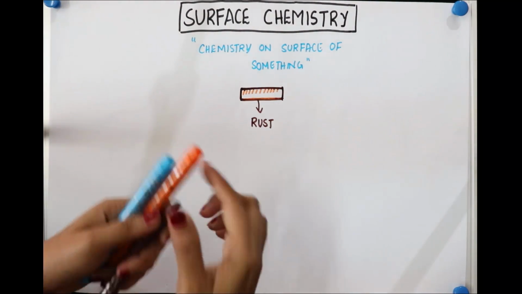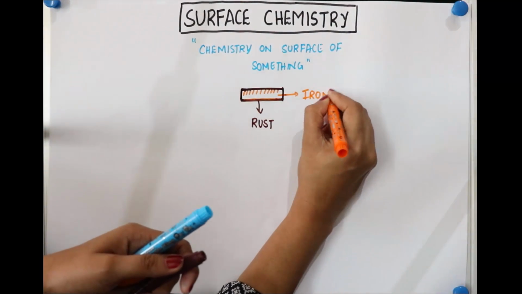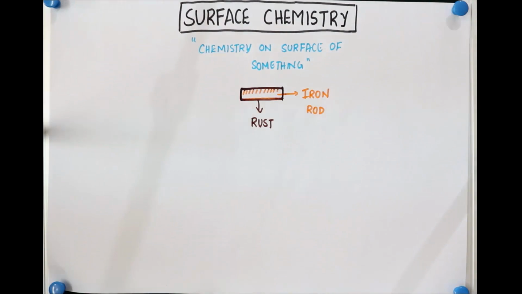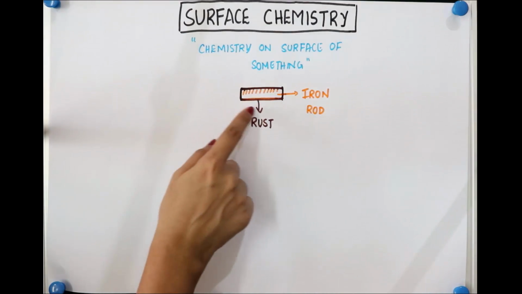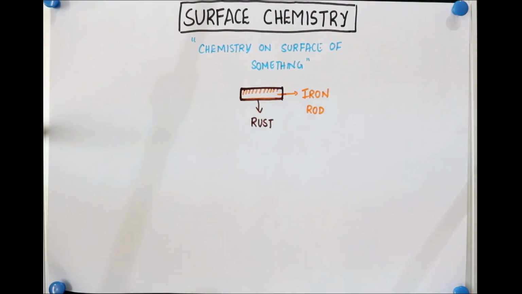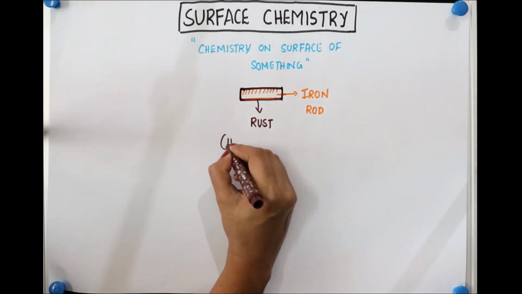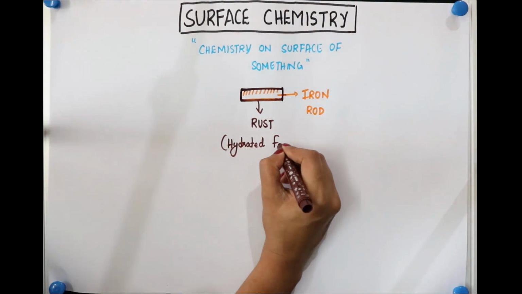And you're saying that is a surface phenomenon, right? Yes. This is surface chemistry because the reaction has taken place only on the surface and not inside the substance. Now this rust, in chemical terms, we call hydrated ferric oxide.